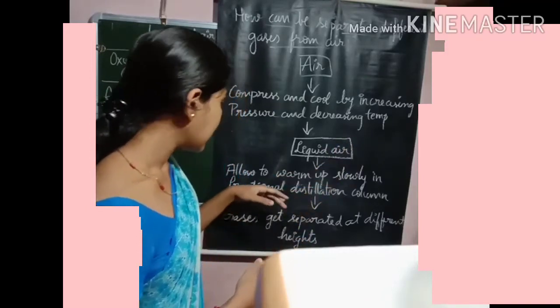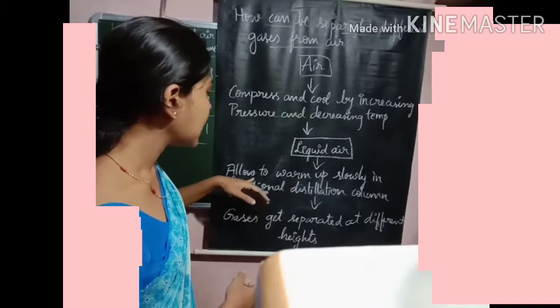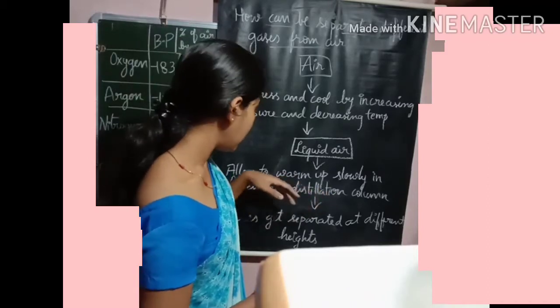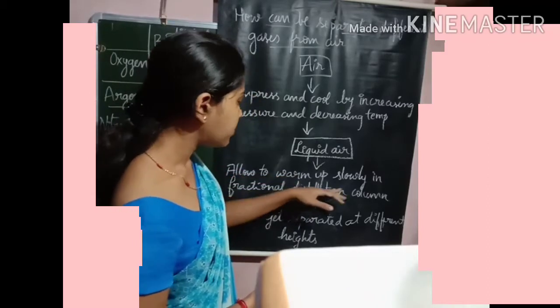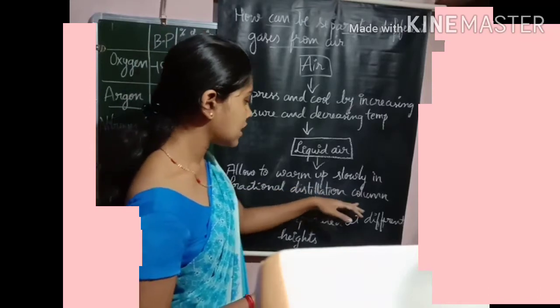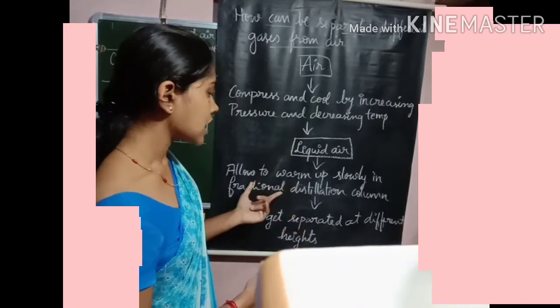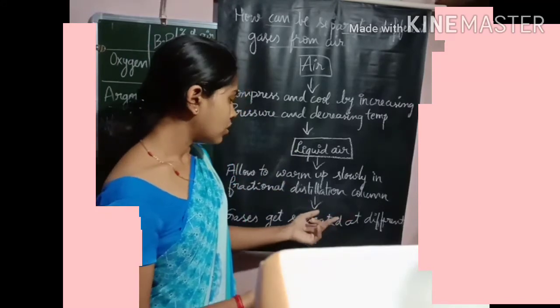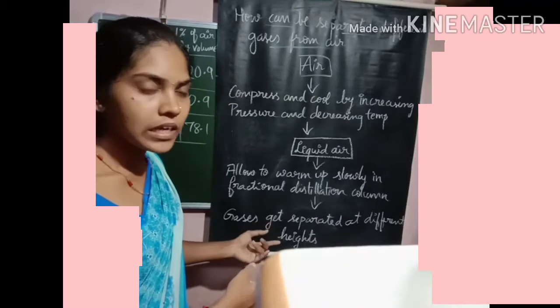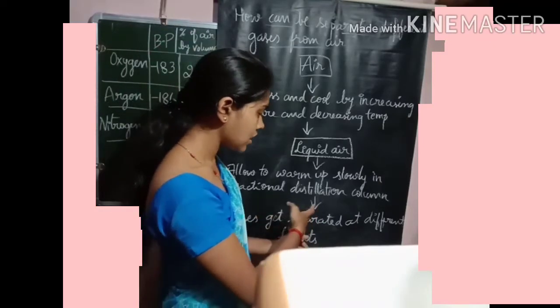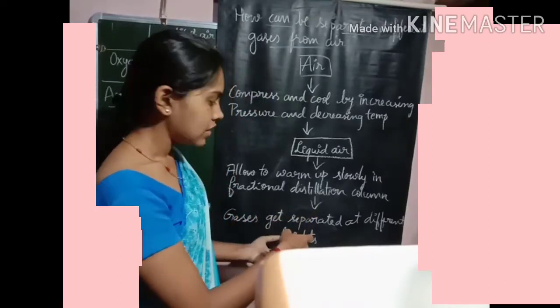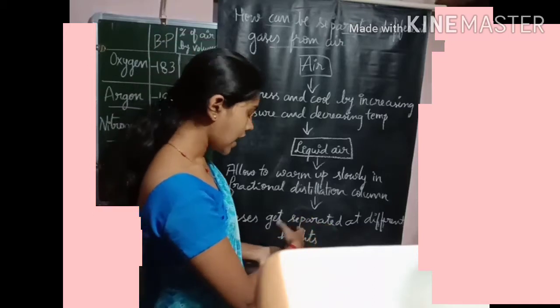Then in the next step, this liquid air is sent to the fractional distillation column and allowed to warm up slowly. Through fractional distillation, we obtain the different gas particles at different heights.